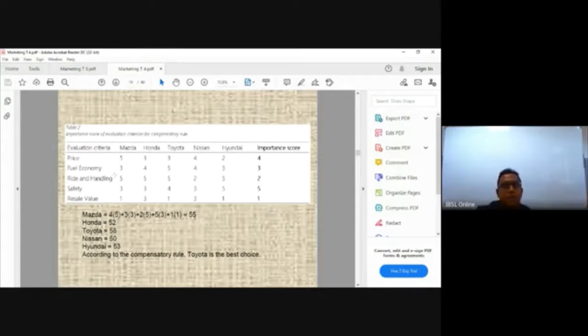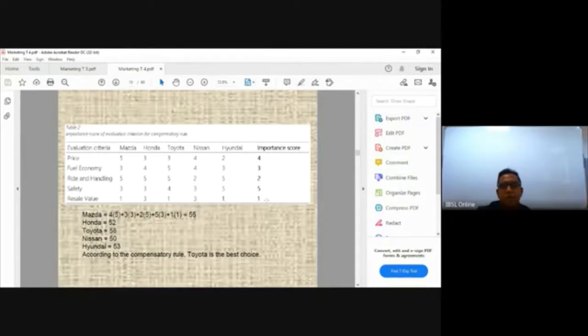And ride and handling: Mazda 5, Honda 5, Toyota 5, Nissan low, Hyundai 5. Safety: Mazda 3, Honda 3, Toyota 4, Nissan 3, Hyundai 5, and so on. And Hyundai has been given the highest marks in terms of ride and handling and safety. Resale value: Mazda 1, Honda 3, Toyota 1, Nissan 3, Hyundai 1.